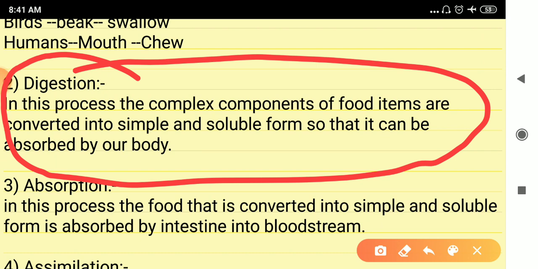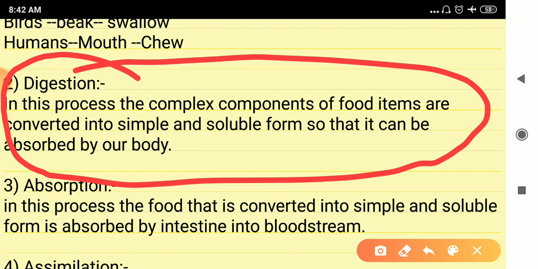The complex components present in our food items are broken down when these food items reach inside the body. They are broken down by the action of some chemicals and converted into simple and soluble form so that it can be absorbed by our body.